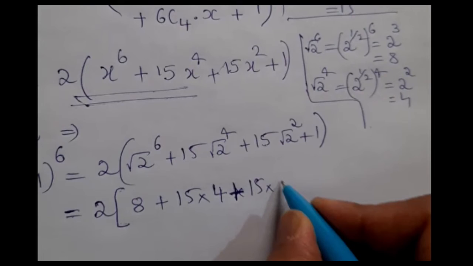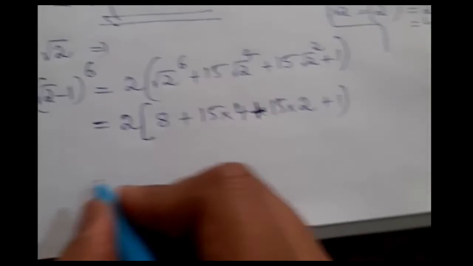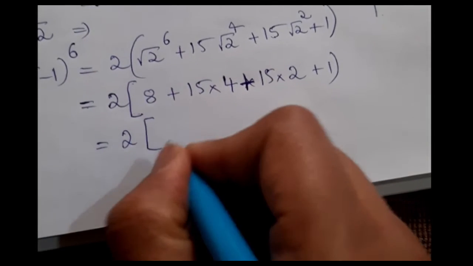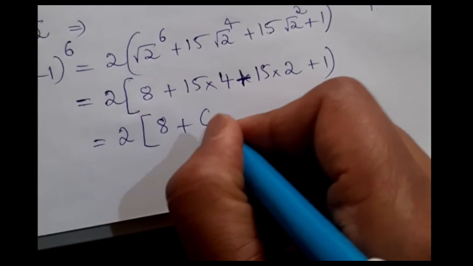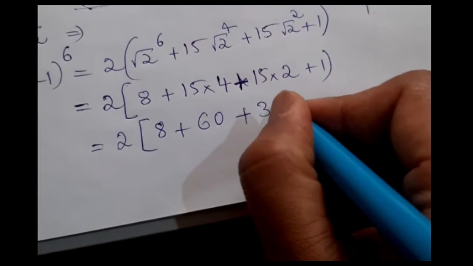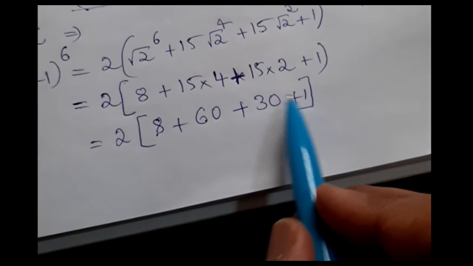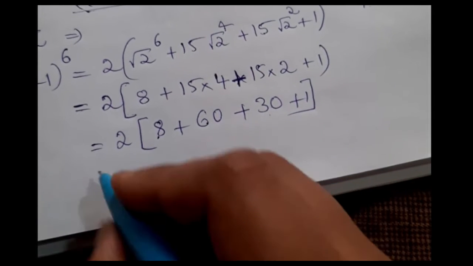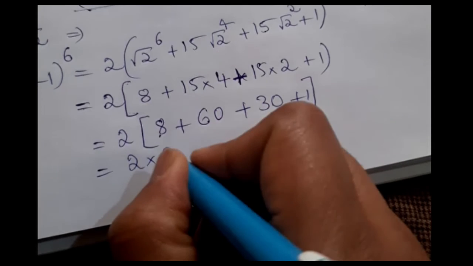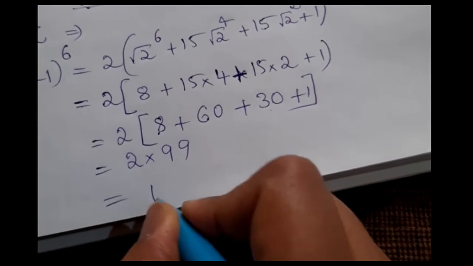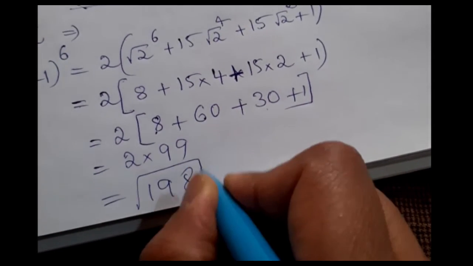It is nothing but 2, plus 1. Simplify this completely. This becomes 8, 15 into 4 is 60, 15 into 2 is 30, plus 1. What is this? 68, 69 plus 30, 99. 2 times 99, 198 has to be the final answer.